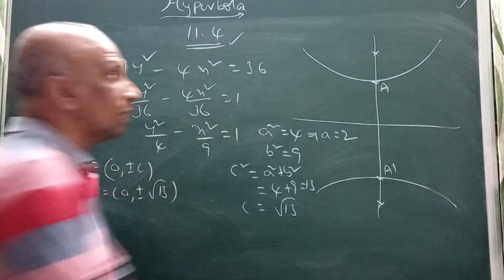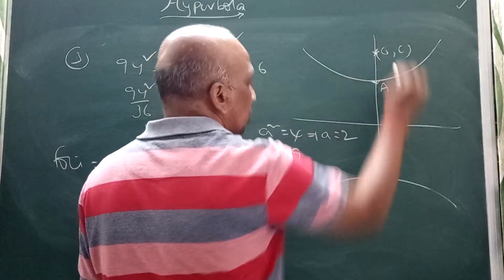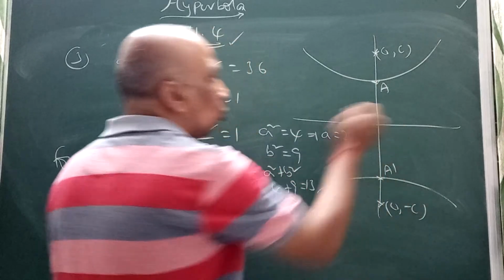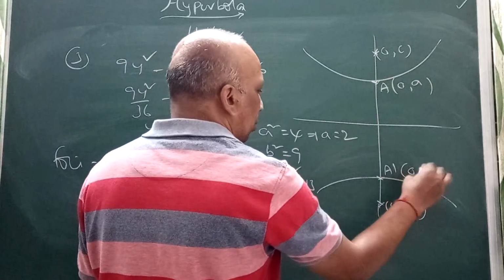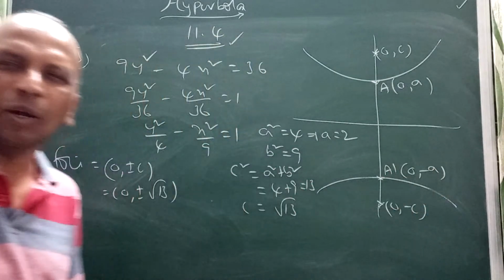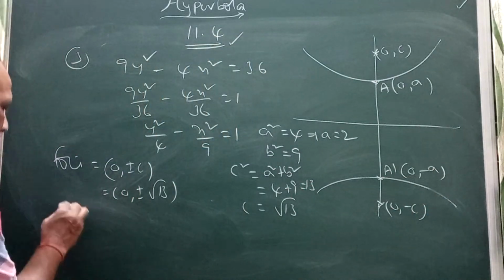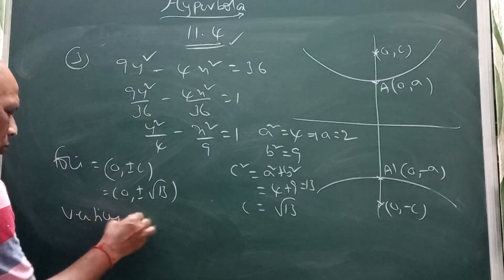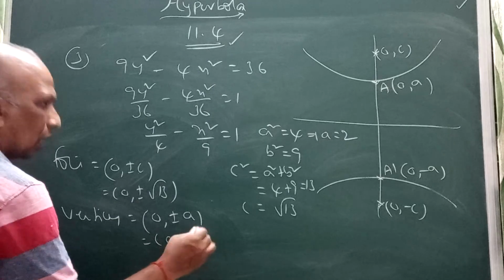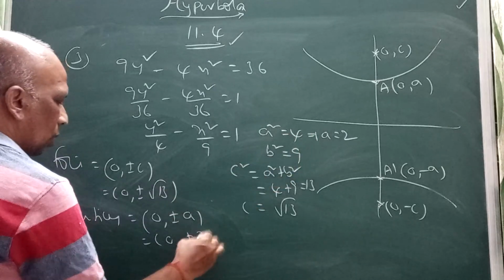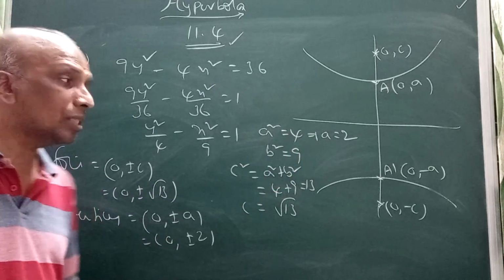The vertices are 0, comma plus or minus a, so 0, comma plus or minus 2.